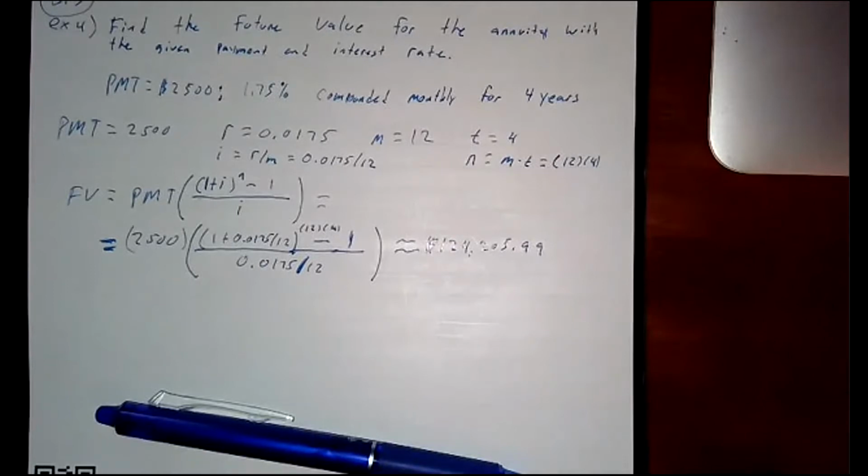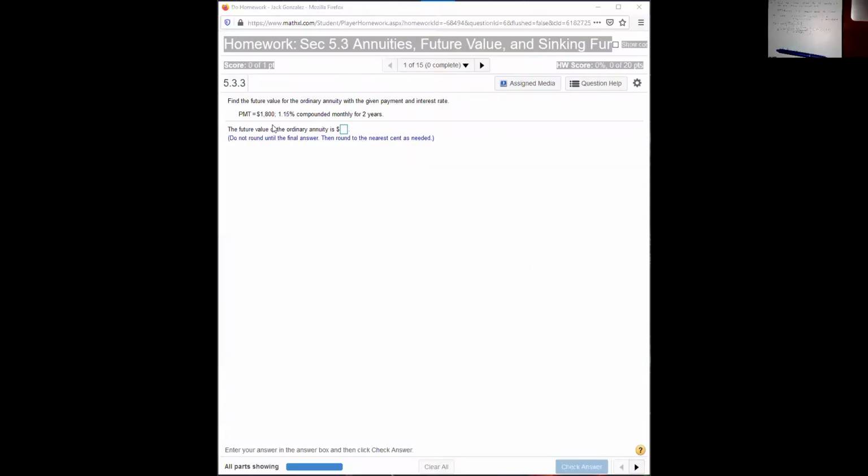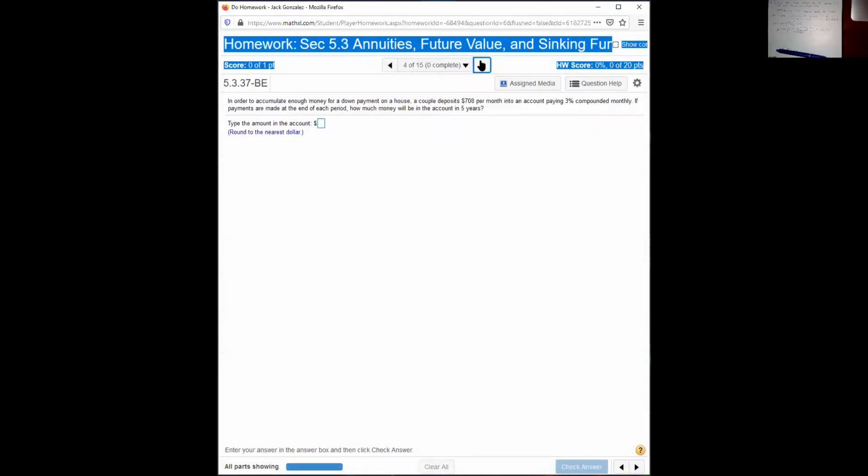Any steps that don't make sense? Basically, we did something like this. They give you everything, and you just need to put it into your formula. A lot of these are the same. This one is put into a word problem, which is not much different.